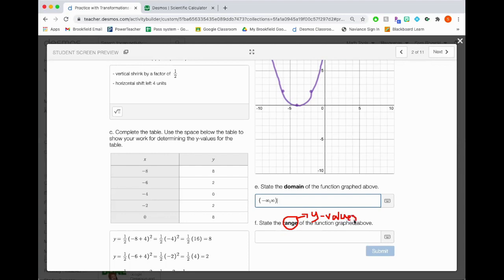So if I look at my graph, the lowest y value here is y equals 0. So the lowest y value is 0, and then it goes up forever. So my range is going to be 0 in a square bracket, comma, infinity in a regular parenthesis.